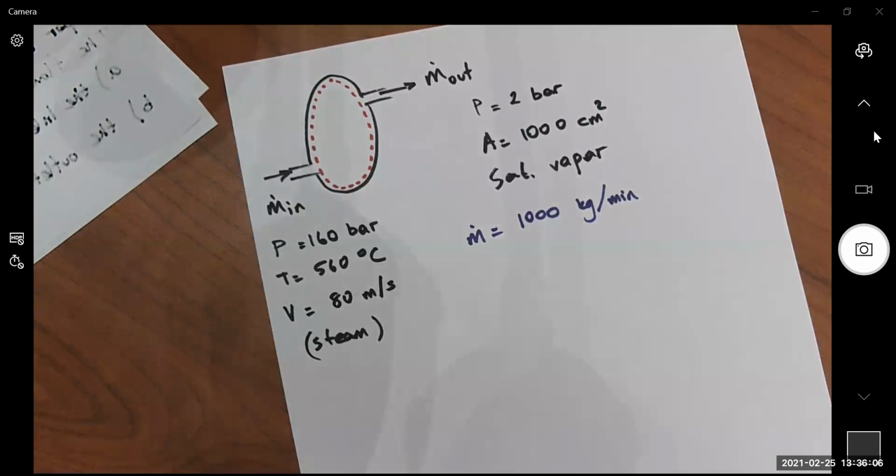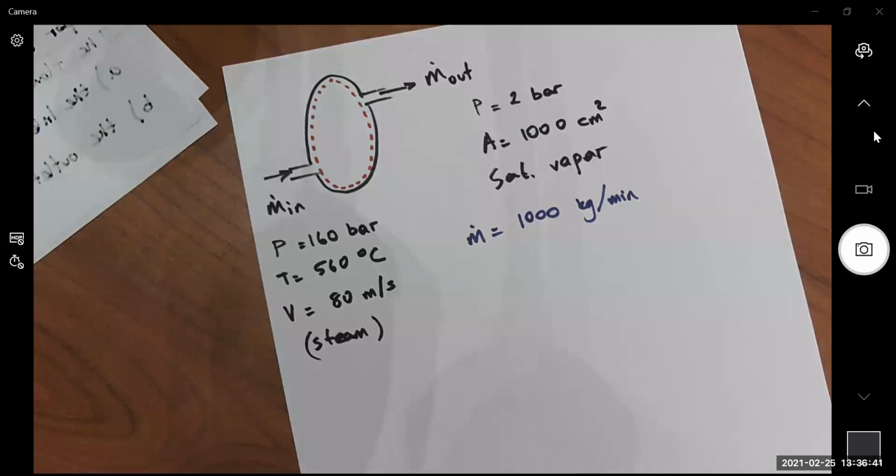We're in the superheated vapor region because we exceeded the saturation temperature at that specific pressure, which is 160 bar, which puts us in a superheated vapor. If you go to the superheated table, find that pressure, 160 bar, then go to 560 Celsius.